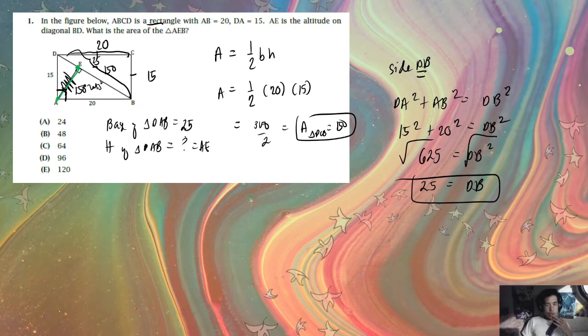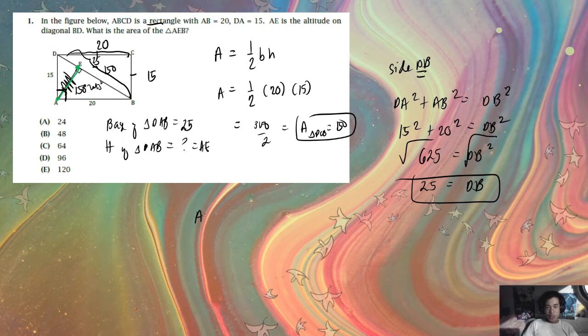Since we know that this is a right triangle, and we know the area of our figure, we can solve for the value of AE.